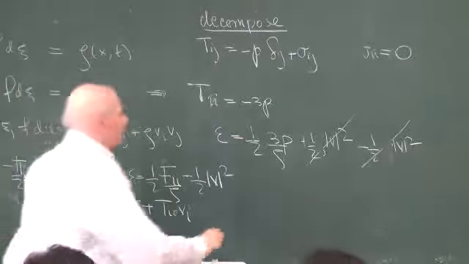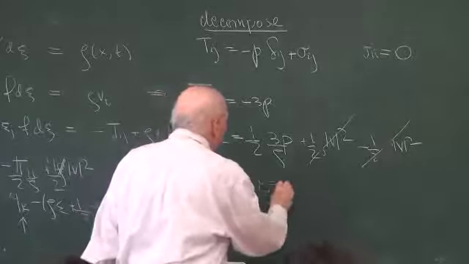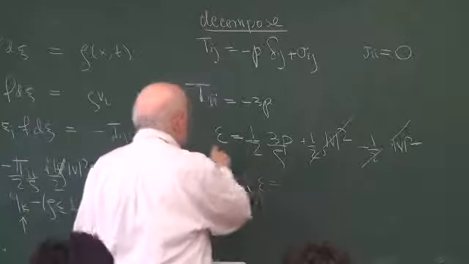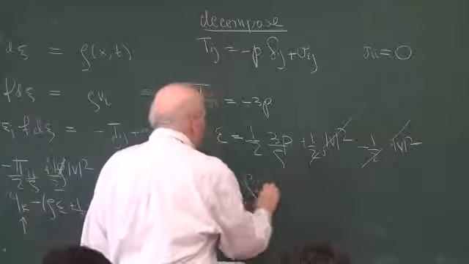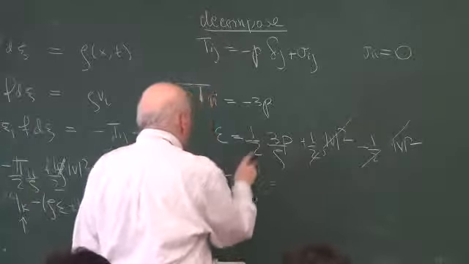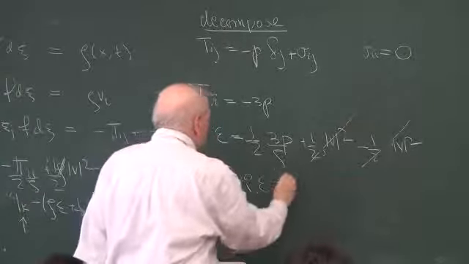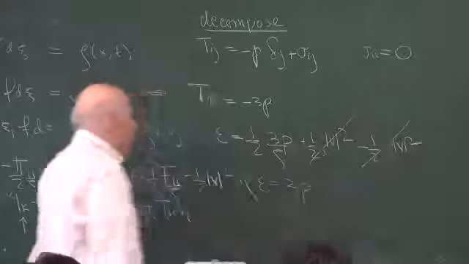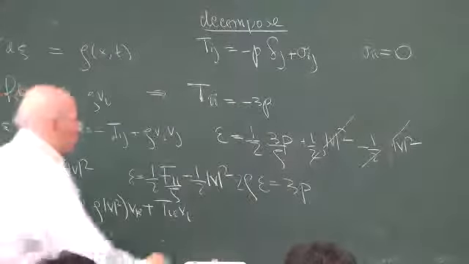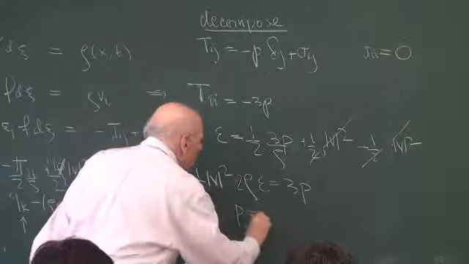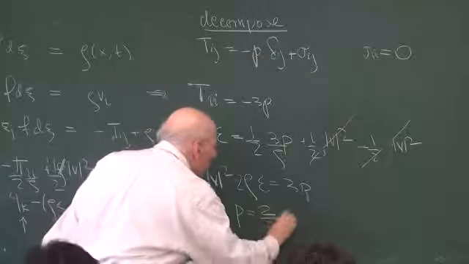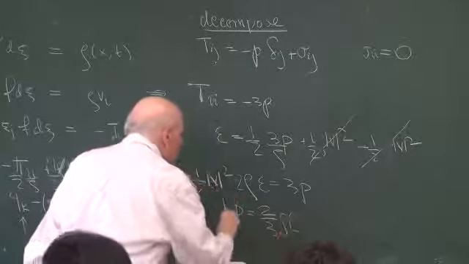So what did we find? We found that epsilon times rho is 3p. So 2 rho epsilon equals 3p, or p equals 2/3 rho epsilon.